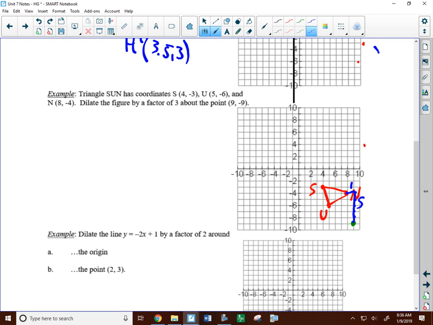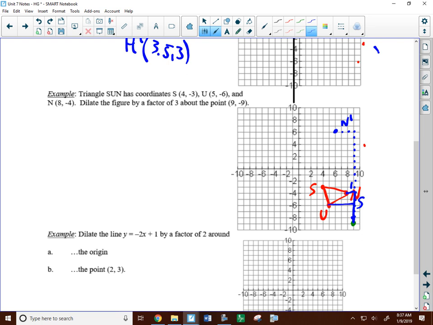So all I do to get N prime is go 3 times as far. So I'm going to go up 15 and left 3. There we go. So I multiplied 5 by 3 and 1 by 3. So right there is N prime. Now I just repeat for the others. So for U, let's just go up and over.